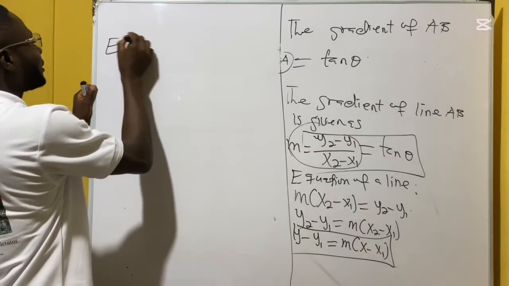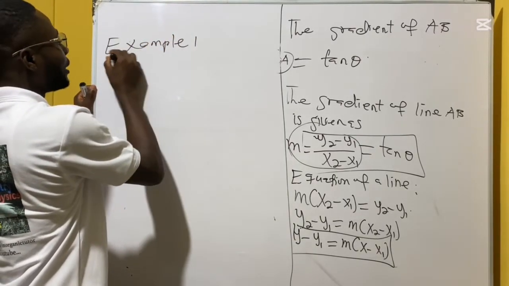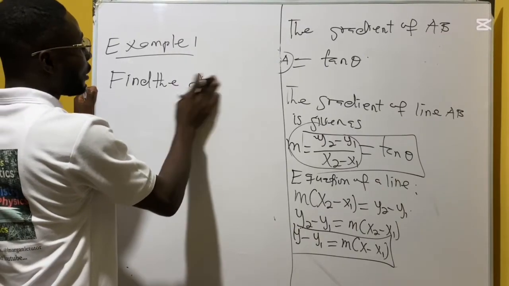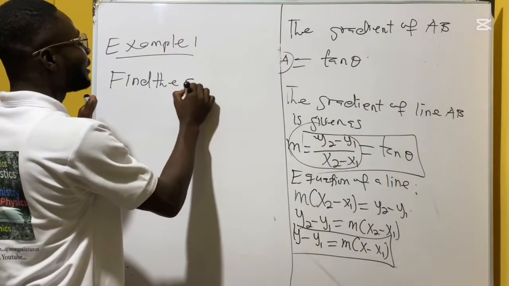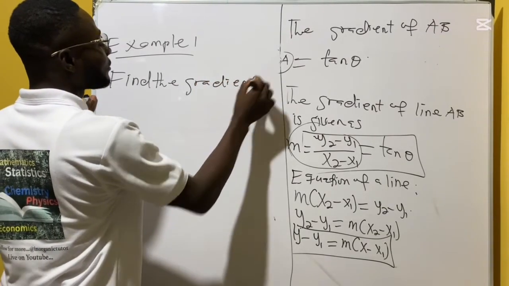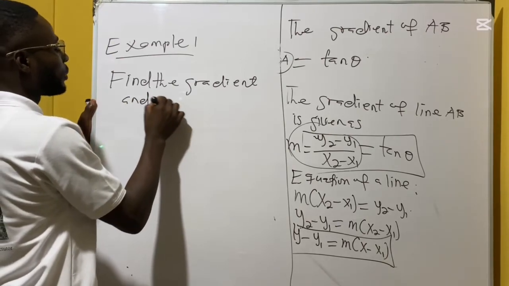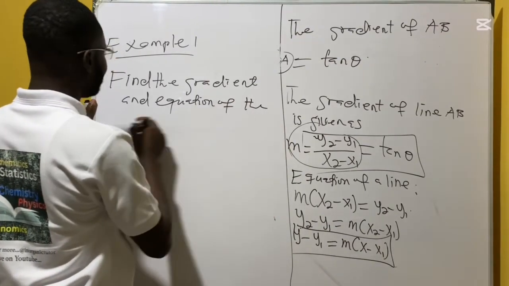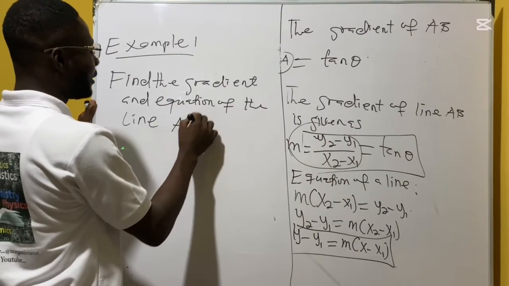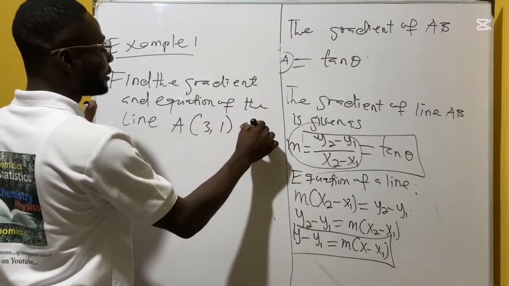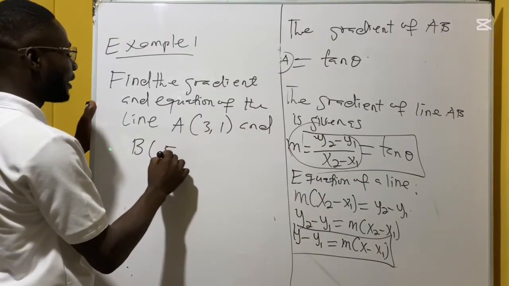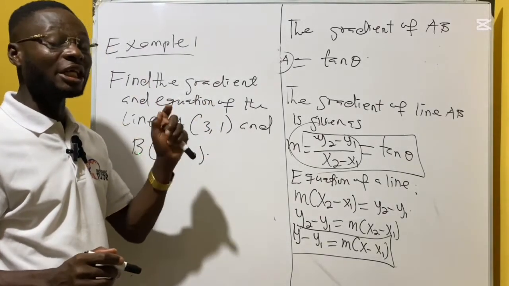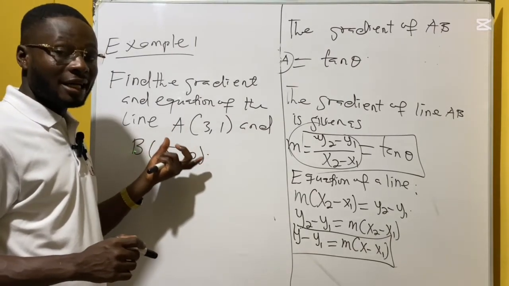Example one: we want to find the gradient and the equation of the line, with A at (3, 1) and B at (5, 0). We want to find the gradient as well as the equation of that particular line AB.